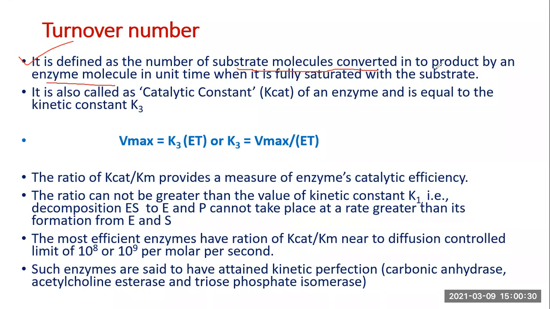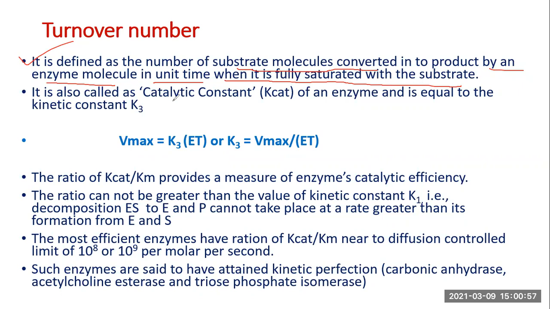So what we are talking of is per enzyme molecule, by one active site, in unit time when it is fully saturated, under saturating conditions of substrate. So the number of substrate molecules converted into product per active site, per enzyme molecule in unit time under saturating substrate concentration is called turnover number.